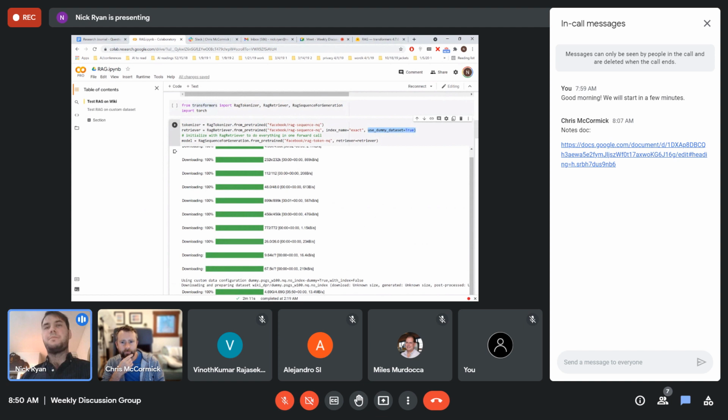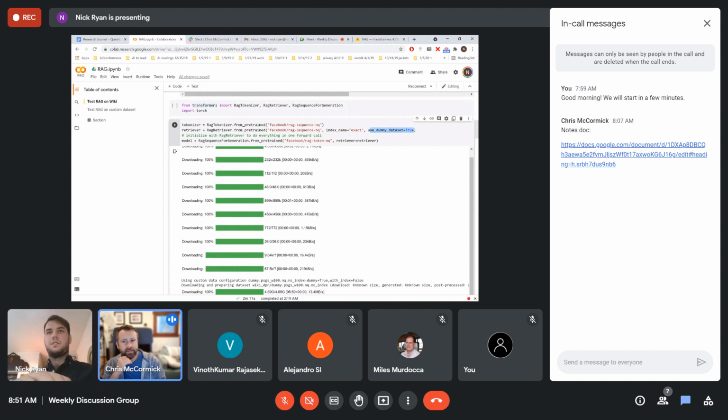So it's not built in, but when you call it, it's just an argument that Hugging Face uses. When you call use_dummy_dataset=True, in this case, the dummy dataset is just the Wikipedia dataset that the authors used for training RAG. So if you make this call, then it will retrieve the Wikipedia dataset.